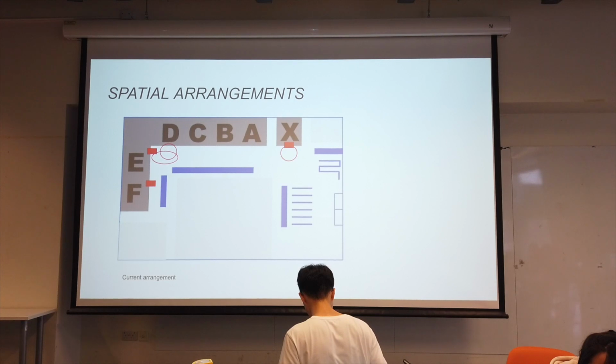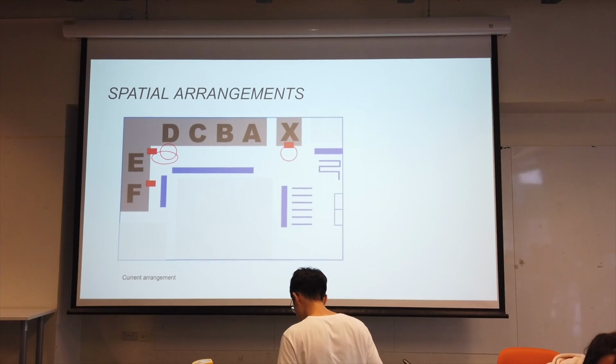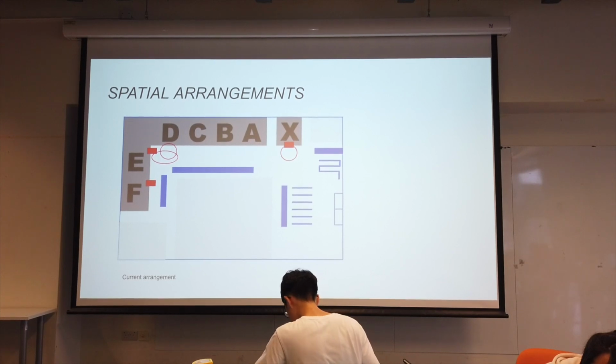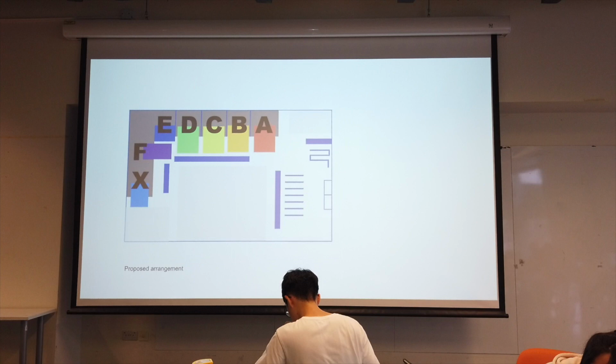So we would like to have a new arrangement of the spatial area. And the X part is the place for the halal food, which no one has spotted, so we would like to have a new arrangement on it.